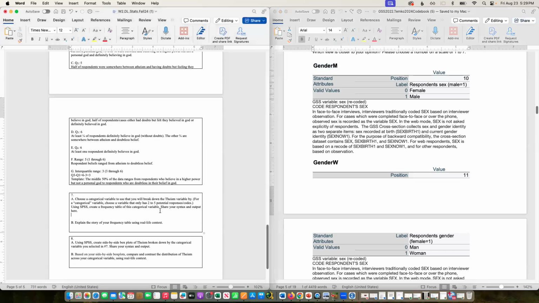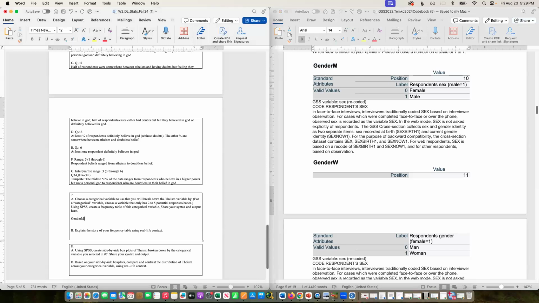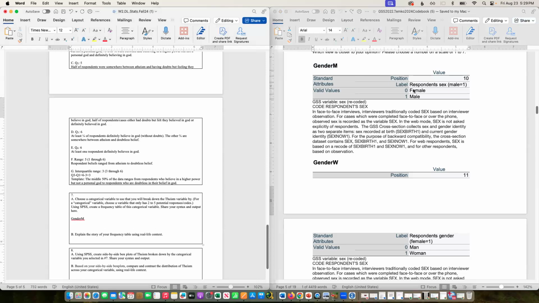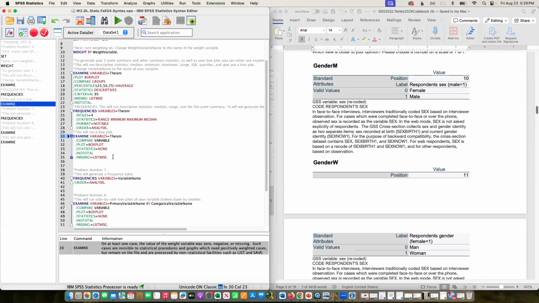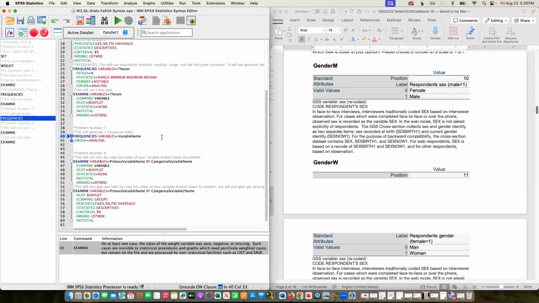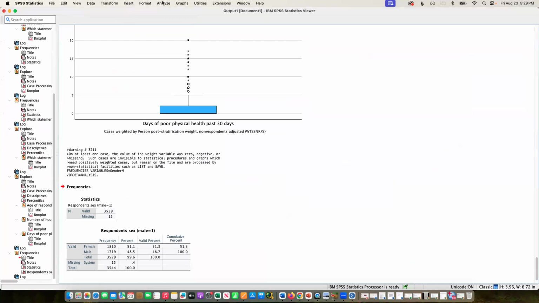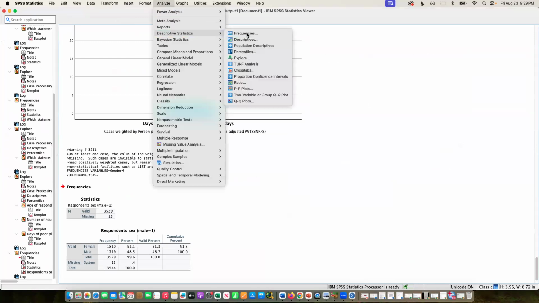So I'm going to choose gender M, which has 2 different responses. This is a nominal level variable. It says first to make a frequency table and share my syntax and output. So let's look at gender to understand its distribution. Here, problem number 7, I'm changing the variable name to gender M and clicking play, or I can go Analyze, Descriptives, Frequencies.